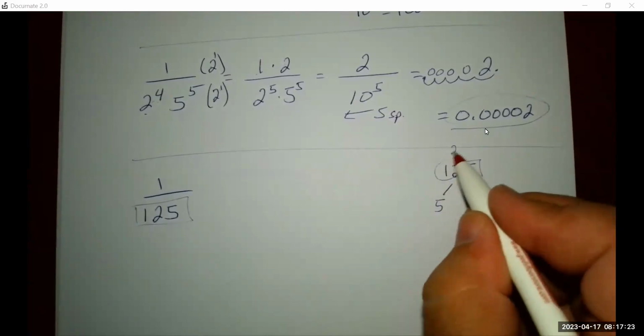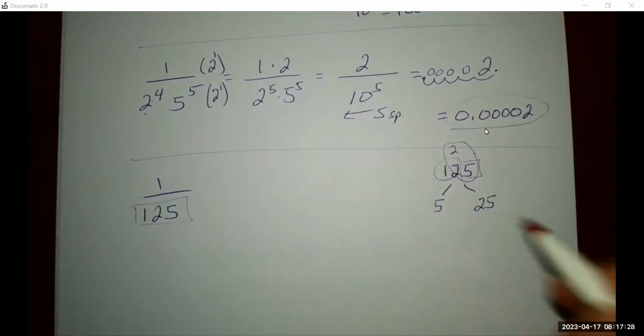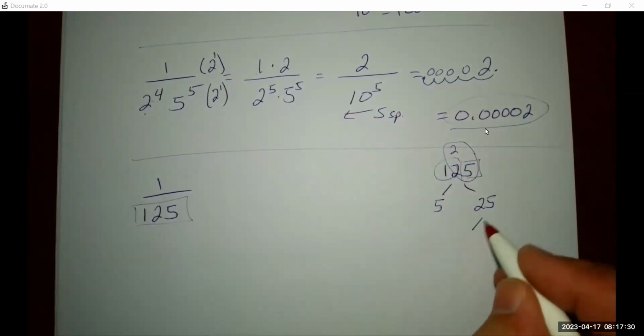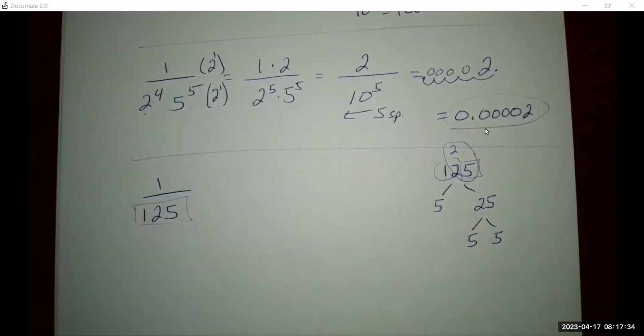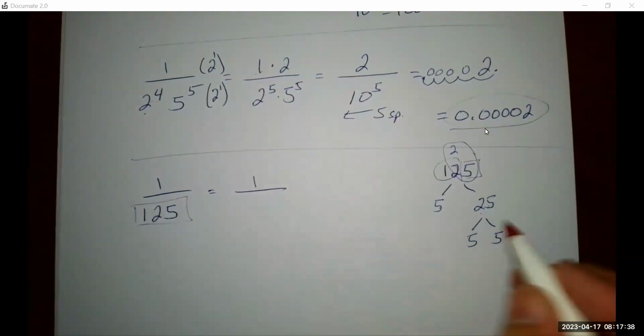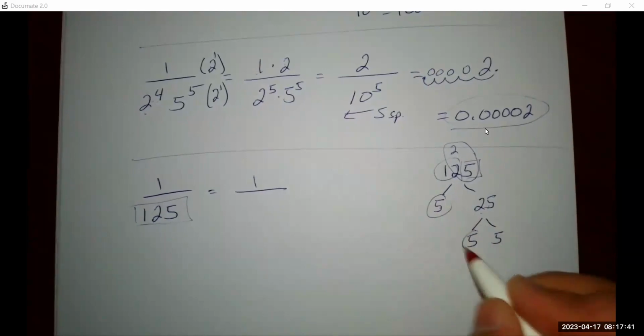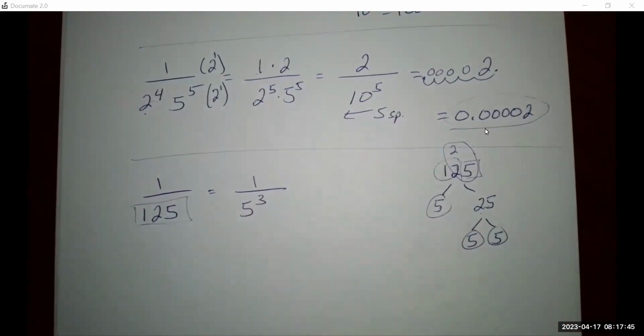That means you have 2 left over. And 5 goes into 25 5 times. 25 is made up of 5 times 5. So 125 is made up of 5 times 5 times 5. 5 to the third.